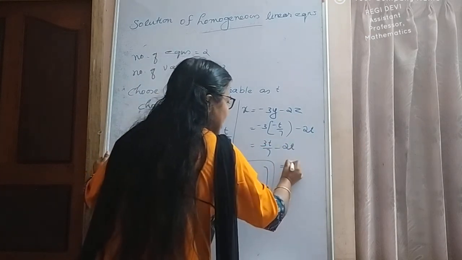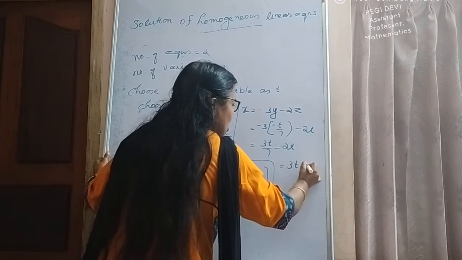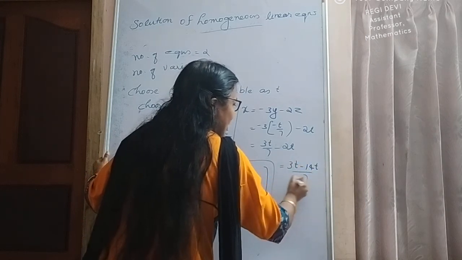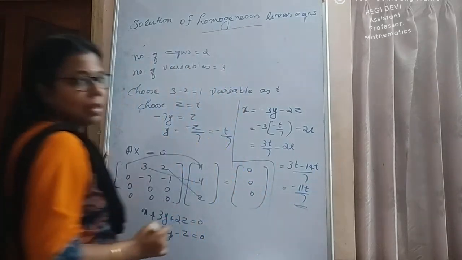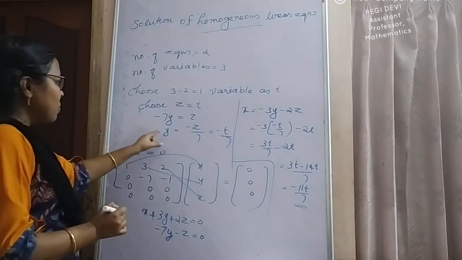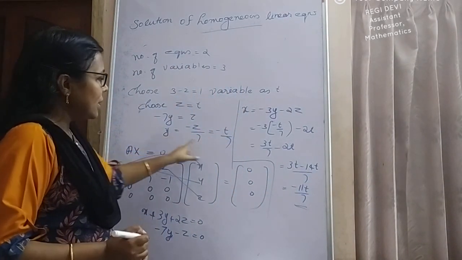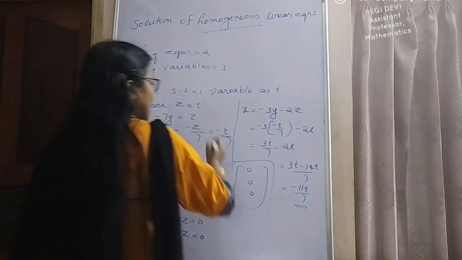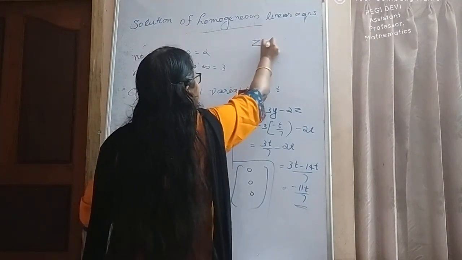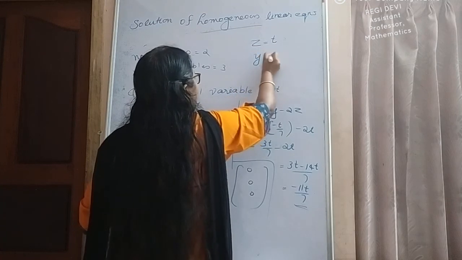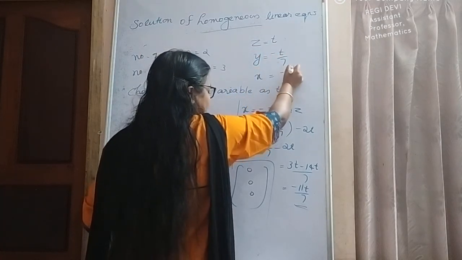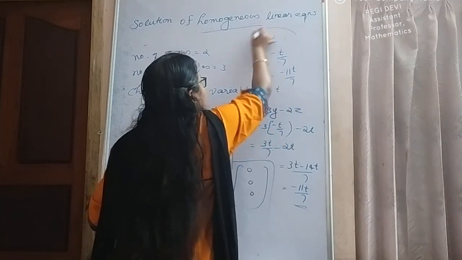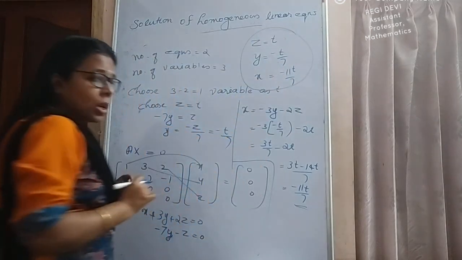We get 3t minus 14t by 7, that is minus 11t by 7. So the answer is z equal to t, y equal to minus t by 7, x equal to minus 11t by 7, which is the answer. Okay, thank you.